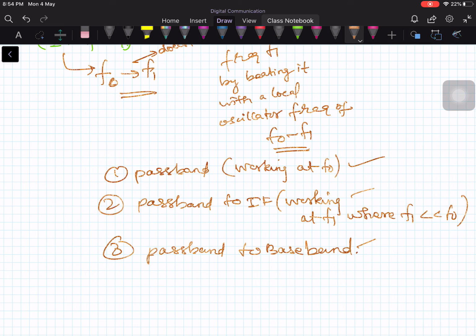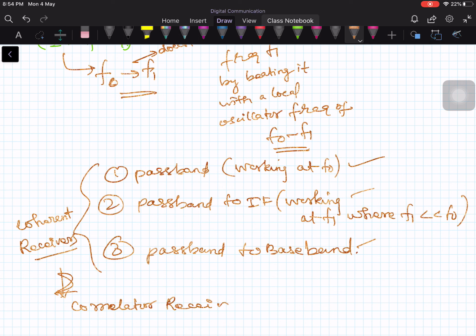So with this let me stop, and in the next lecture I will start the correlator receiver. These are all the class of coherent receivers, and in them we used a matched filter.